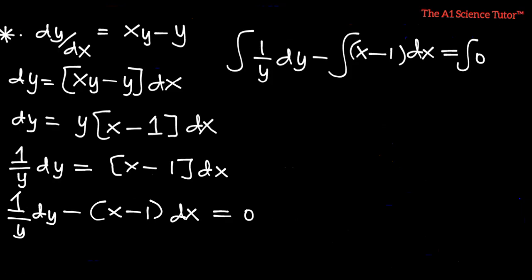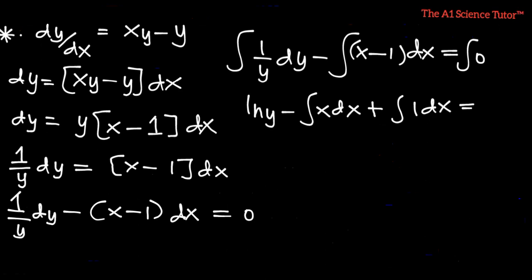What is this supposed to give us? So this is supposed to give us ln y. Now if we wanted to do this, basically we need to integrate each of these terms. So I'm just going to do it this way. This is going to be integral x dx plus, because we're going to have minus multiplied by another minus, so that gives us a positive, integral 1 dx, integral 0.